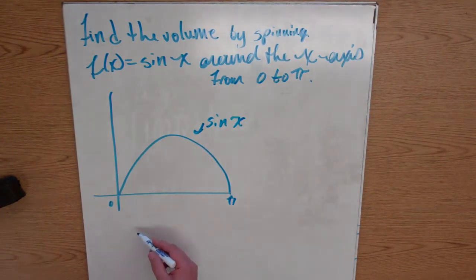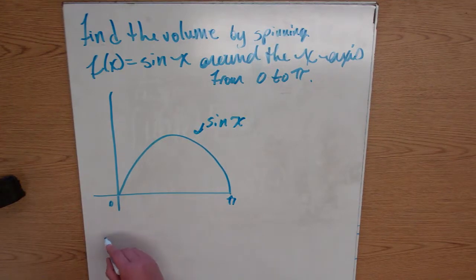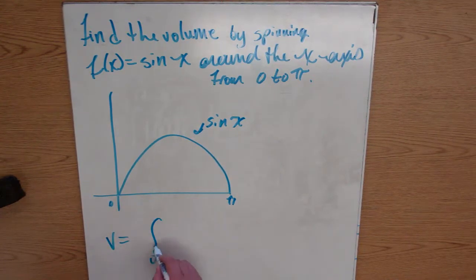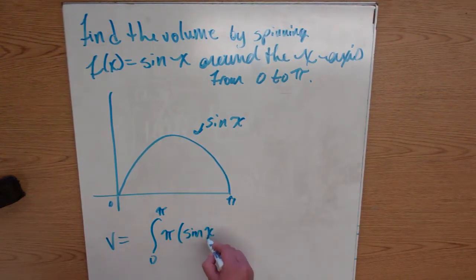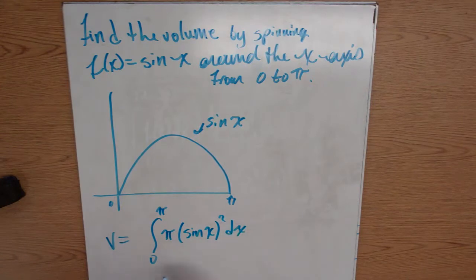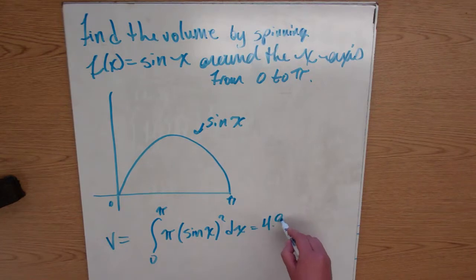Okay, so we plug in our formula. Volume equals the integral from 0 to pi of pi times sine of x squared dx. So now you're going to integrate this. Of course, you've got to take the antiderivative and all that, but once you do, you will get 4.935.